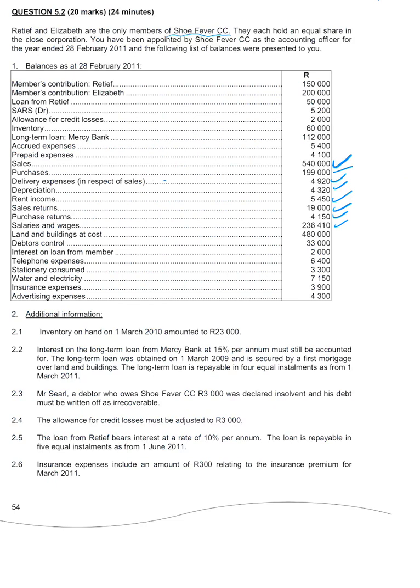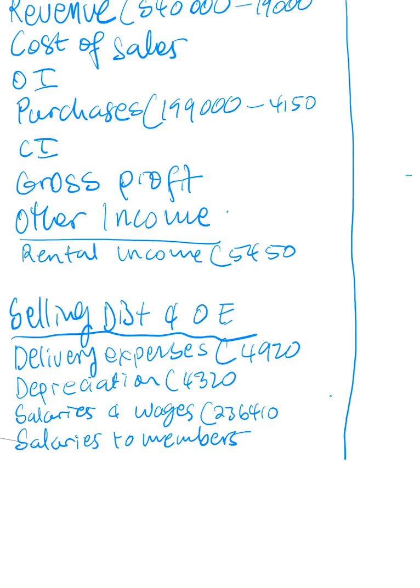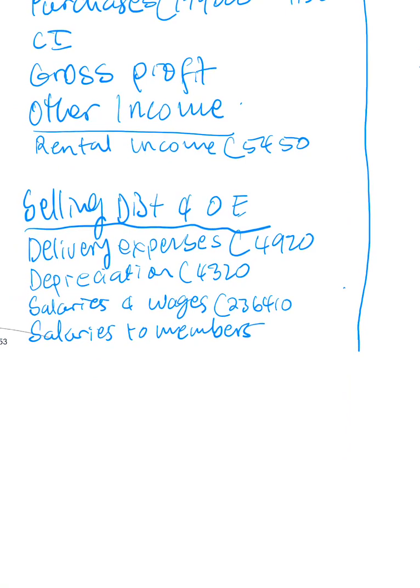Right, next is land and buildings. It's PPE, debtors control, interest on loan from member. So the member gave the organization interest, so that will be put under what we call finance cost.